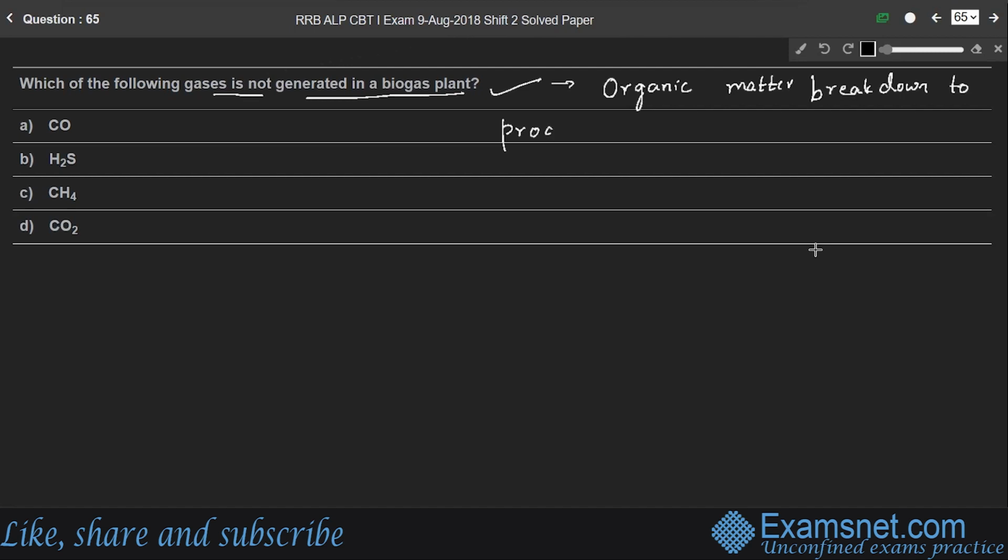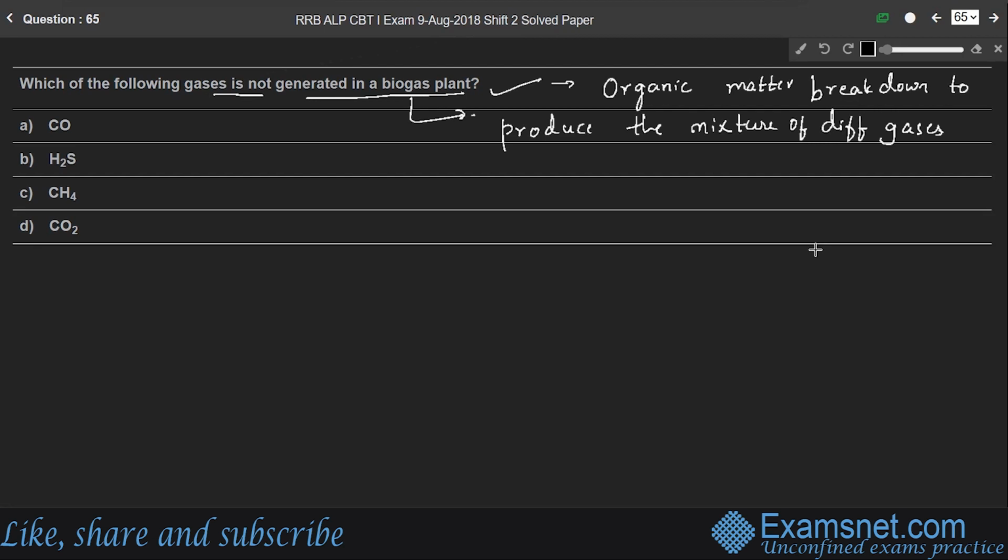So the plant where biogas is produced is called a biogas plant.